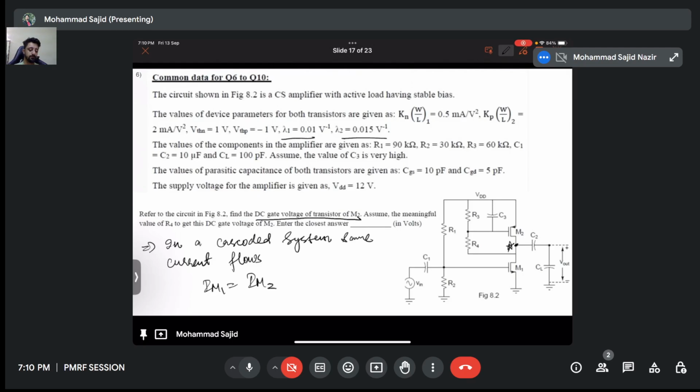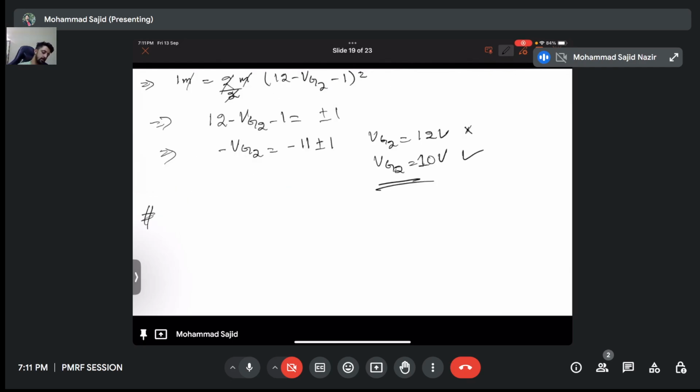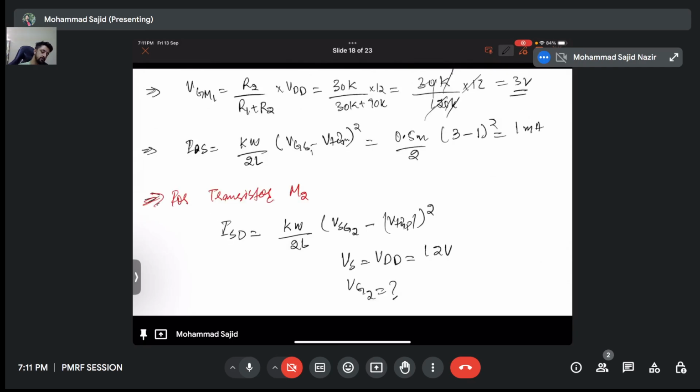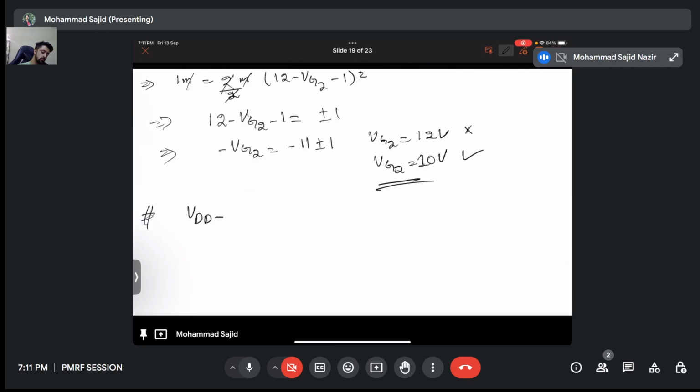Now looking at the circuit, the current coming in is the current going out, because this is the base, so we are assuming a very small current here. So we can write Ohm's law here: VDD minus VG2, this is the gate terminal 2, divided by R3, will be equivalent to VG2 minus VOUT divided by R4.